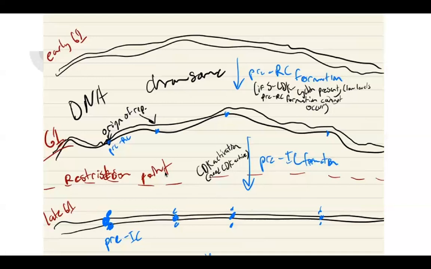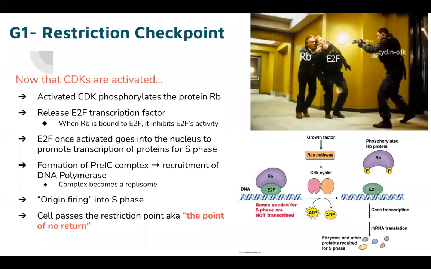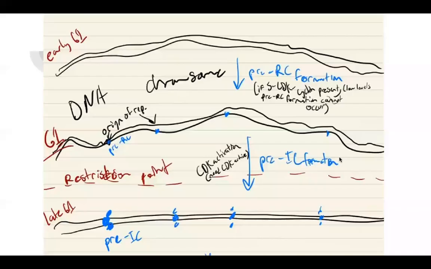And the restriction point, of course, is the point at which CDK begins to be activated, as shown in the process in the last slide, with this whole RB-E2F hostage situation going on. And so once CDK does its job, as shown on the previous slide, that's when this pre-IC formation can occur. And that's what you have right here.